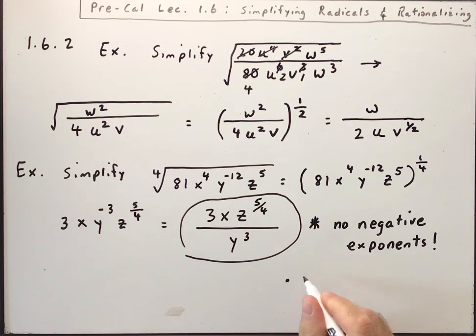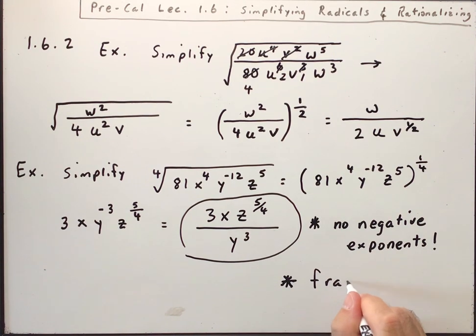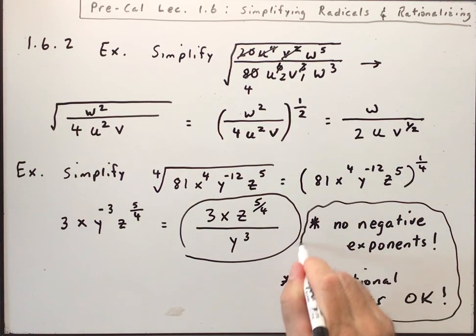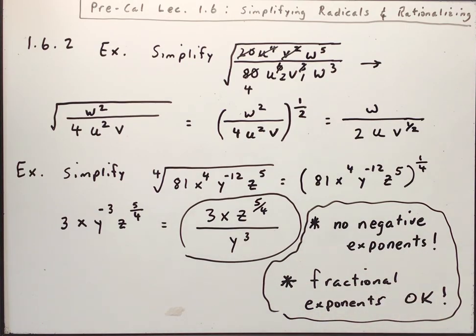And however, this isn't true of all math teachers, but it is of me in this class, fractional exponents are okay. So that is going to save you some time. Those are the 2 rules I want you to follow on the homework and on the test.